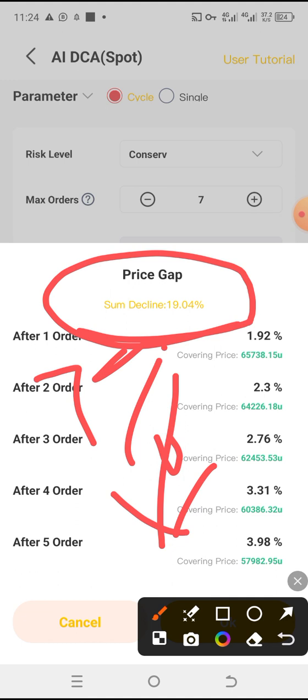So instead of you buying all your coin of $100 at once, and you now have a 19% dip, so this $100, let's say it is a 20% dip, this $100 will now be $80.